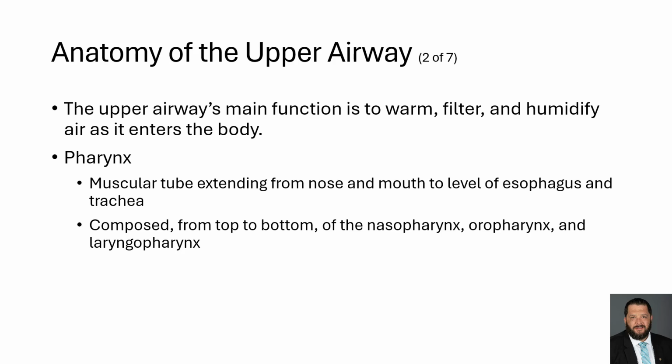The pharynx is a muscular tube extending from the nose and mouth to the level of the esophagus and the trachea. It's composed from top to bottom of the nasopharynx, the oropharynx, and the laryngopharynx, or hypopharynx.